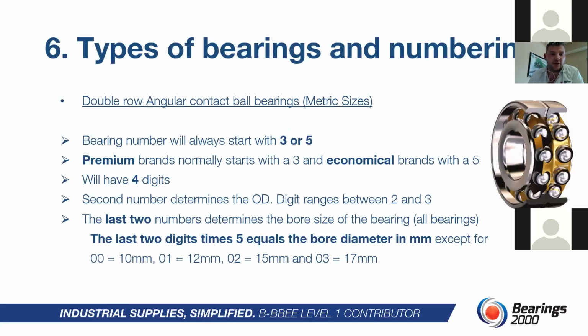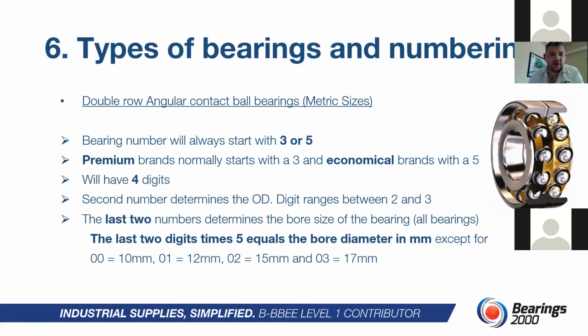Okay, as we go along, the double row angular contact ball bearing, the number will start with a 3 or a 5. In the premium brands, it will normally start with a 3, and in the more economical brands, it will start with a 5. It also has 4 digits, and this is quite critical as we go along, and later in the content that we'll cover, you'll see why it's important that it only has 4 digits to memorize that.